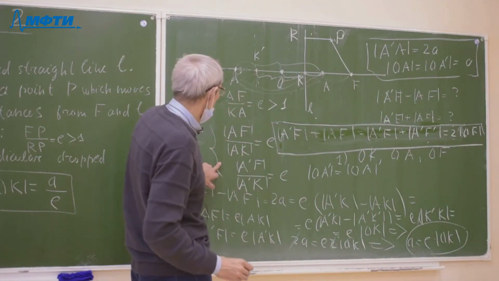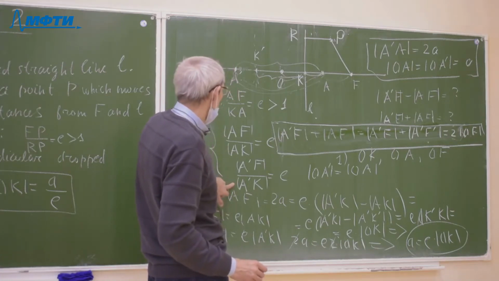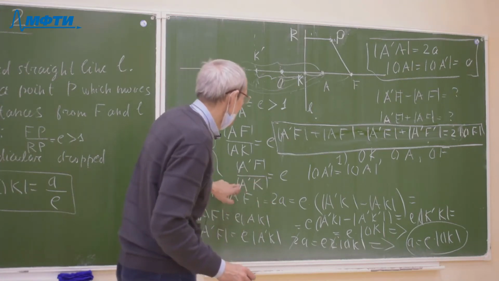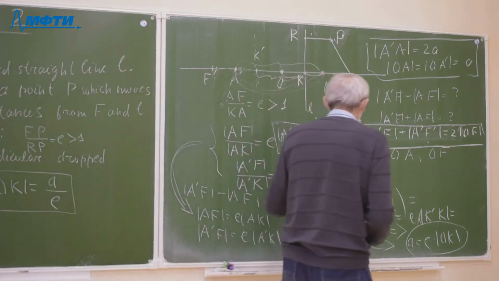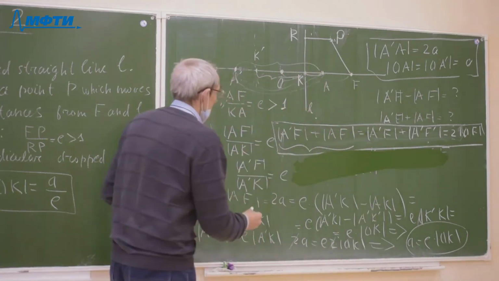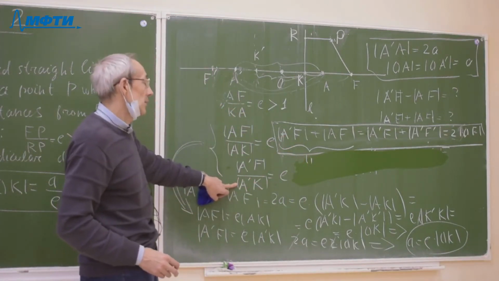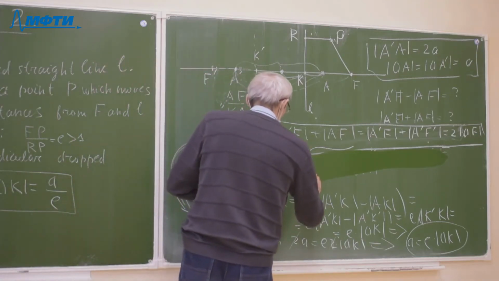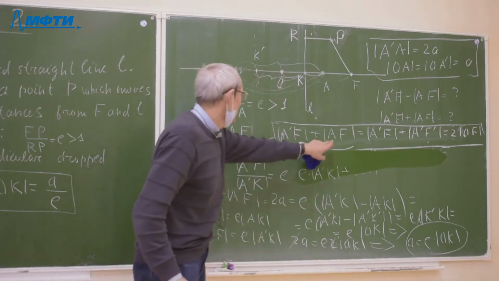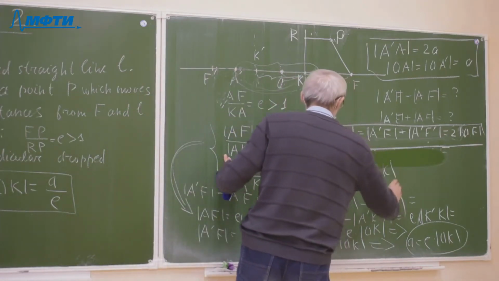And from this relation, easy to see that A prime F is equal to E, the product E and A prime K. And this one, A prime F, is equal to E, the product E and A prime K. And this one, AF, is equal to E times the distance AK.